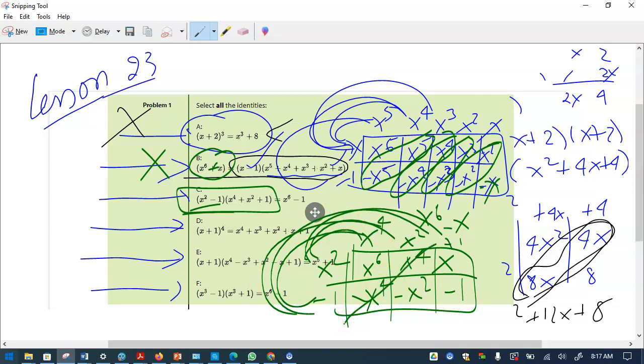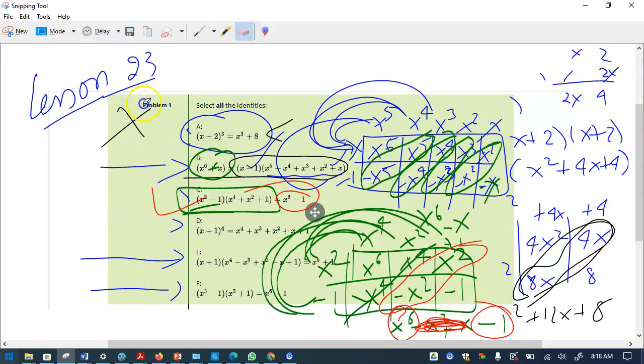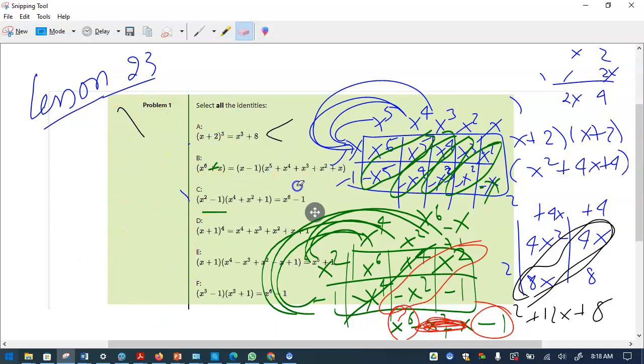And this crosses out, and your answer gives you x raised to 6 minus x squared plus x and minus 1. I missed this 2 here, so that crosses out. This also crosses out. So what you are left with is only this, which is right here. So this is correct. That means the first two were wrong, but this is correct. Likewise, I want you to try the other three by yourself.